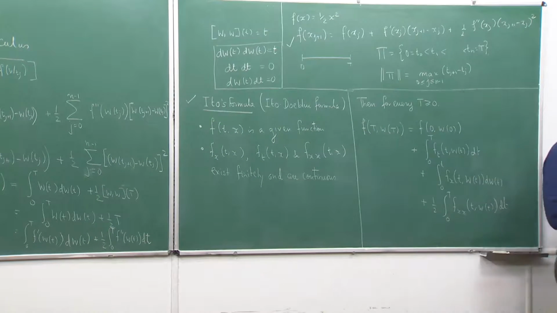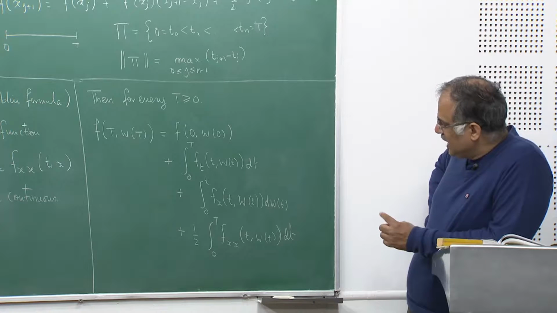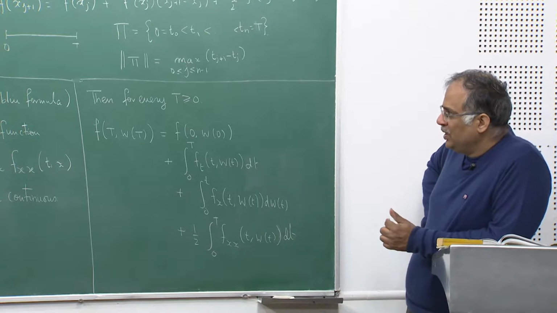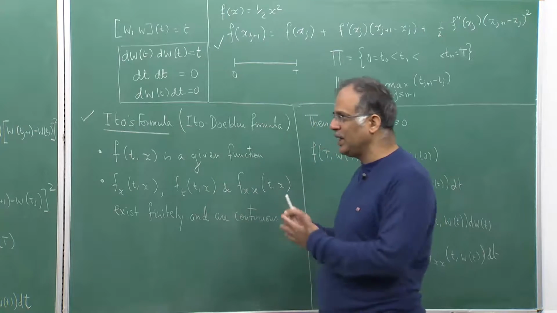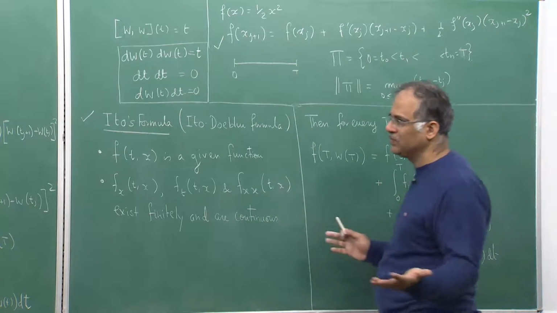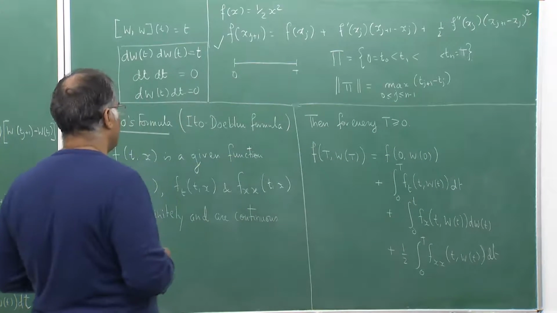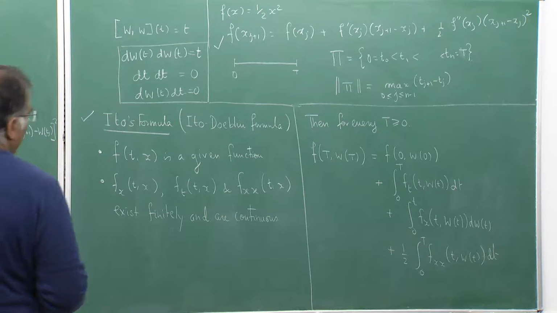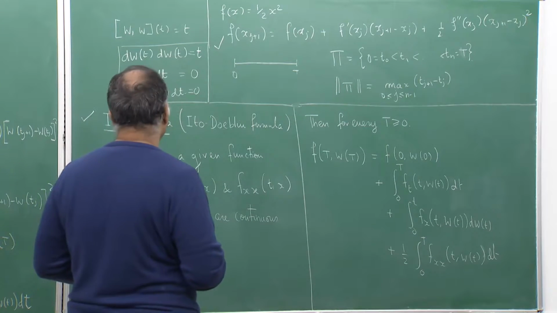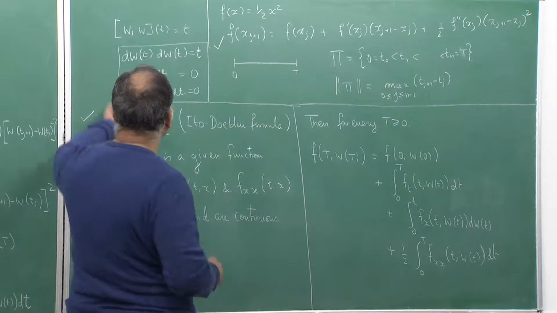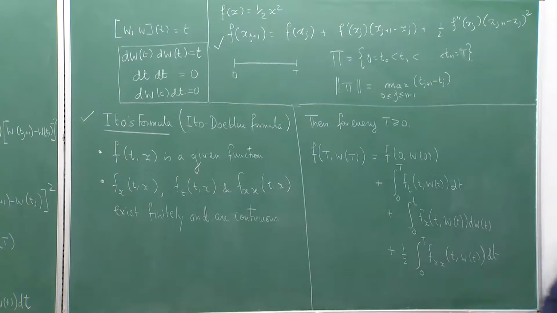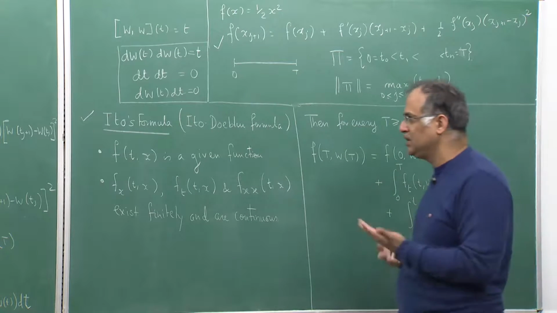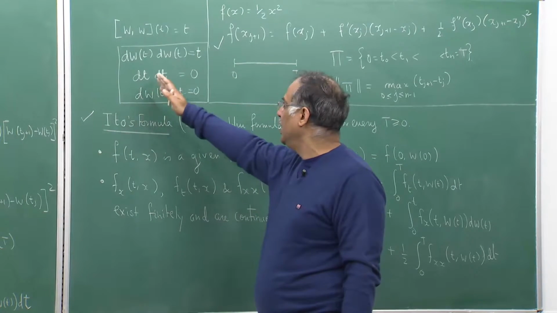You can ask, what about f_xt and f_tx? Because when you do f_xt and f_tx, you are doing this cross variation, that will become 0 when you take the limit, when you actually write it for this particular case, which will be pretty complex, which I do not plan to get into. Secondly, if you consider the case f_tt, that will correspond to dt dt, the quadratic variation of this function t, and that will be equal to 0.